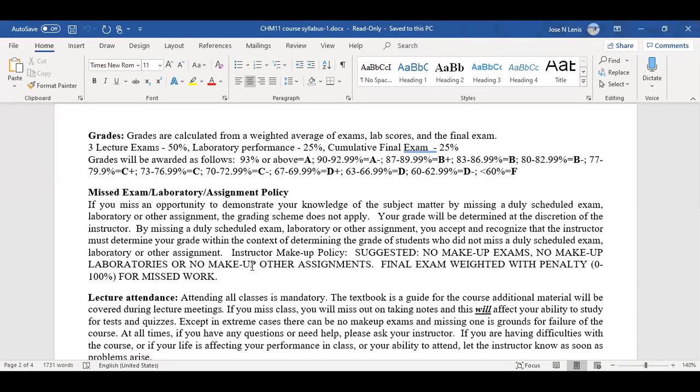For example, we have 3 exams, right? So in every exam, I can give you points. I usually give up to 10 points in every exam for your participation. Okay. So I'm going to put the rubric there.